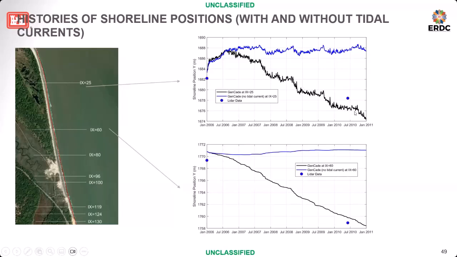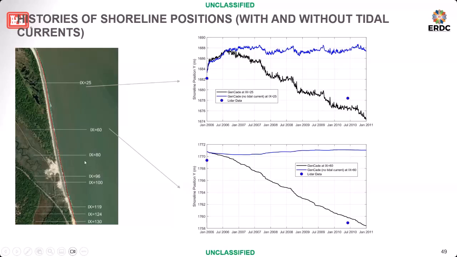So this line is simulated by that equation. Without it, you don't have much shoreline change at this point. And then closer to the south with current, you have a pretty good estimation of the shoreline retreat rate.